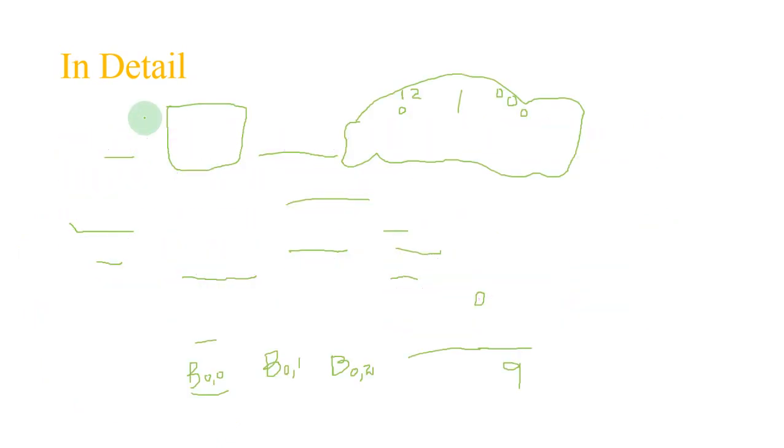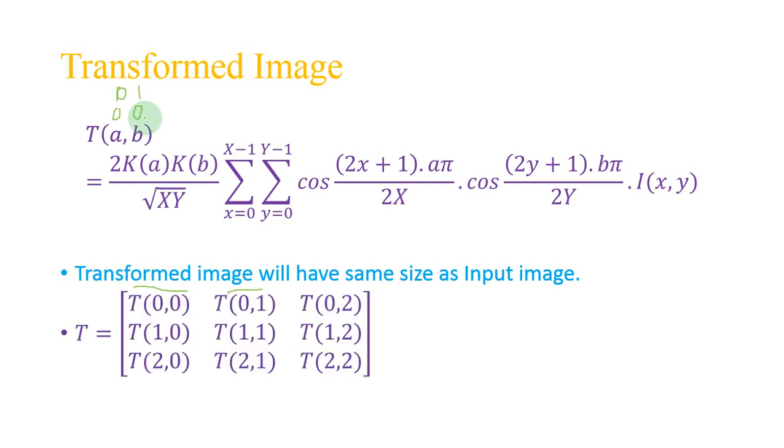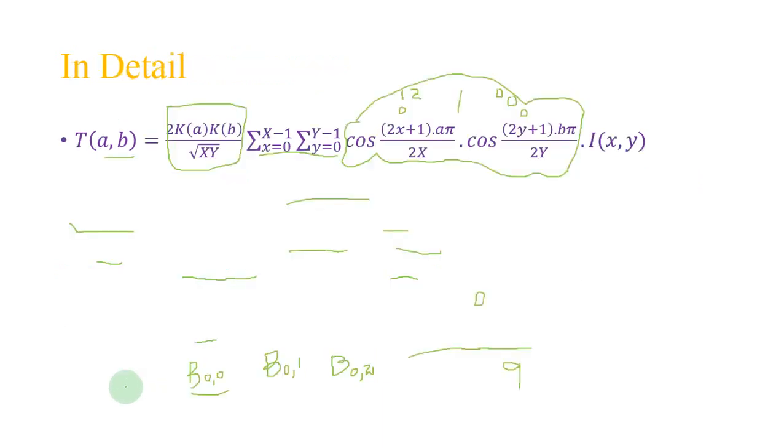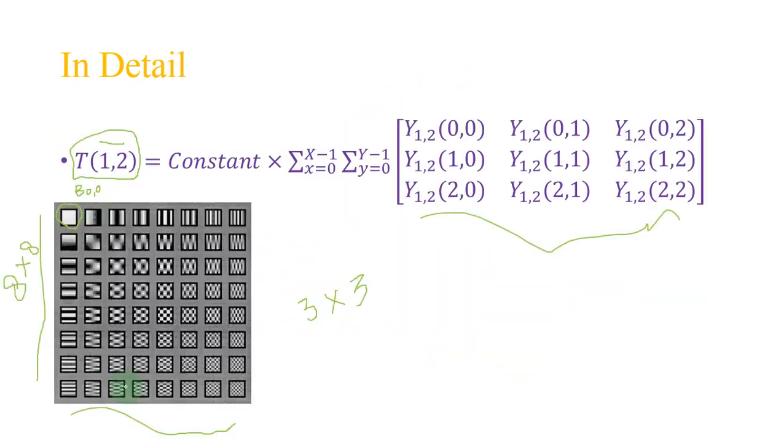So we calculated t of 1 comma 2, and this t of 1 comma 2 will be placed at this location. Similarly, t of 0 comma 0 is calculated and will be placed at this location. In this way we will obtain this T matrix, and it will be a transformed matrix.